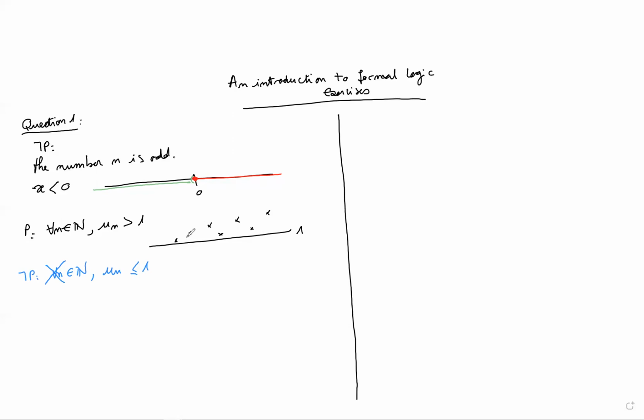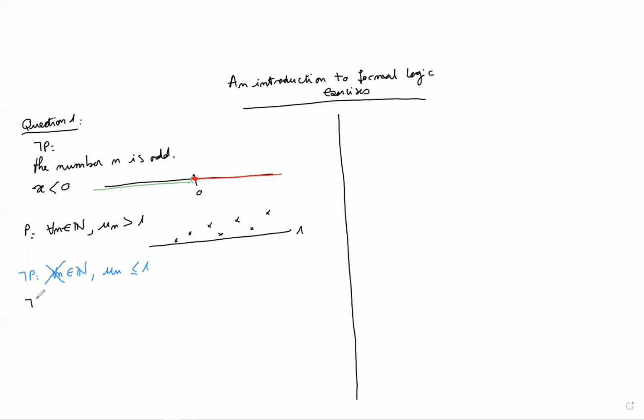In common language, when you say all the students here play football, how can someone prove you wrong? Someone can prove you wrong by showing you one student who doesn't play football, right? So the negation of "all of them are above 1" is "there exists one of them which is not above 1."